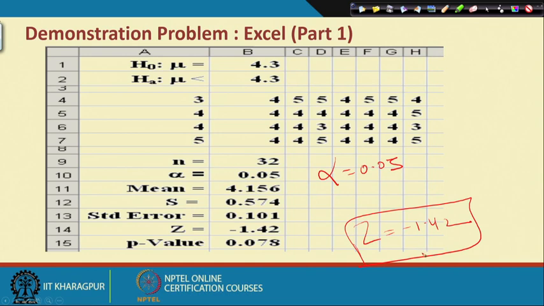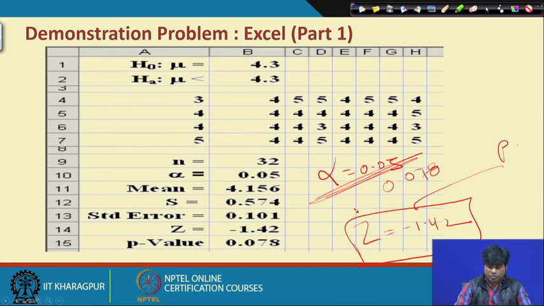The probability value is coming 0.078, which is greater than alpha. That means your sample statistic is in the accepted zone.